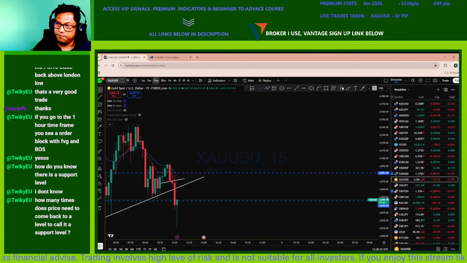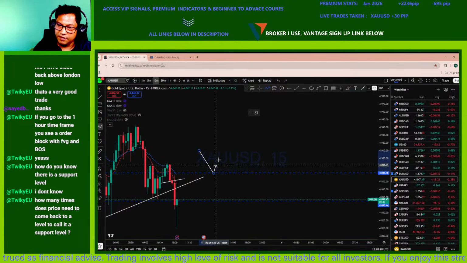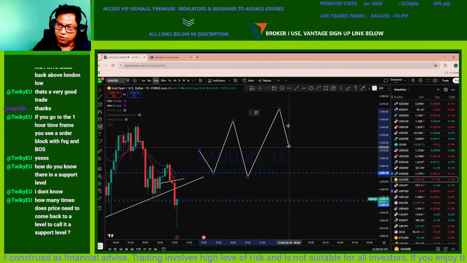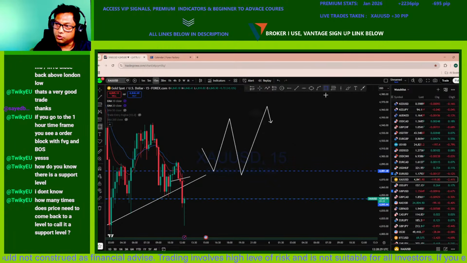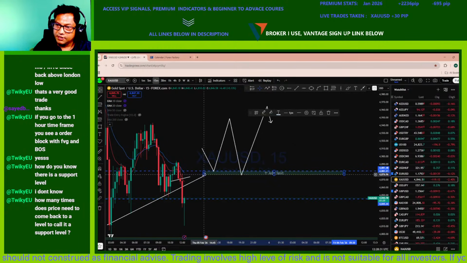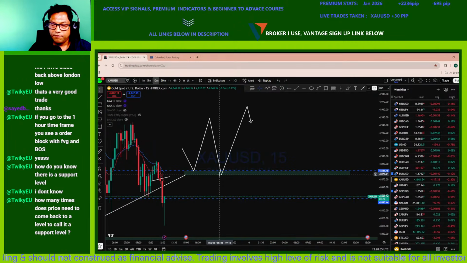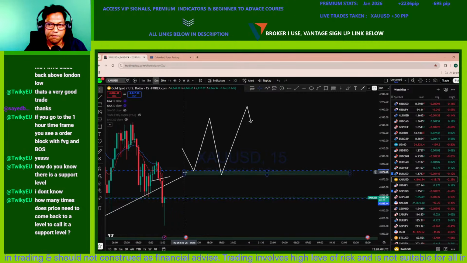Let's say you saw that the market has tested that level, gone back up and created a move like that. Now the price is here. Now most traders will consider this one as a support, that means a demand area, right?